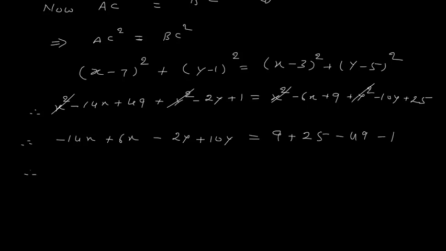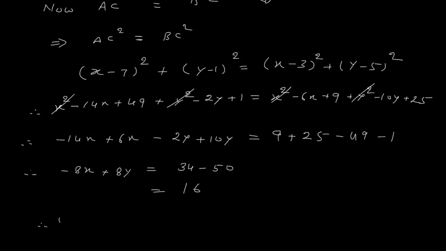So therefore here we have minus 8x plus 8y is equal to 9 plus 25, which is 34, minus 50. Now I will simplify this: 34 minus 50, 10 minus 4 is 6 and 4 minus 3 is 1.